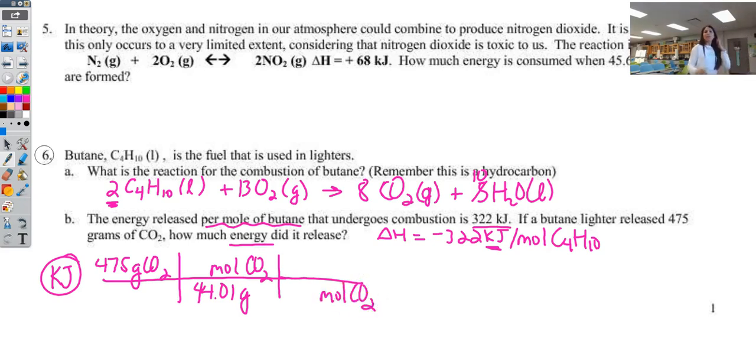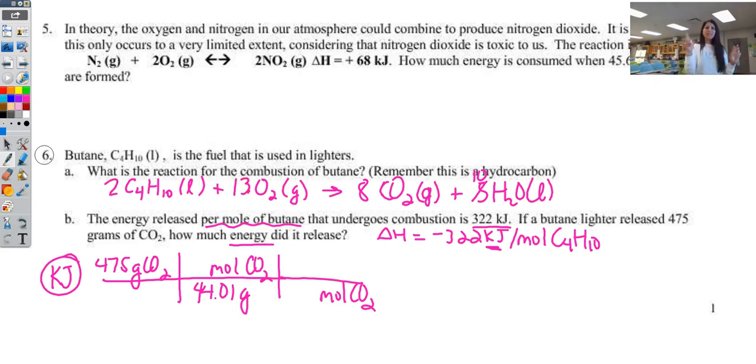Now I want to make sure that you understand that energy is something that can be transferred, but it's not necessarily assigned to one particular thing. It's assigned to the entire reaction, unless you're looking at the heat of formation, for example, of a particular substance.